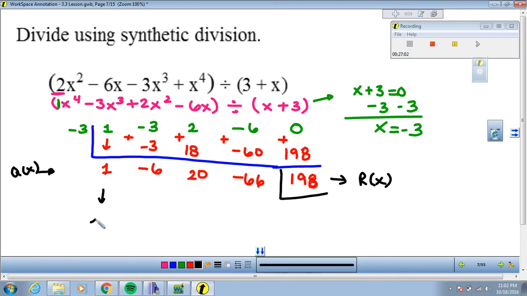So the numbers, remember, here are the coefficients in front of the x's, right? So 1 x to that, remember, start with one exponent less than the highest exponent of the original first polynomial, so start with an x to the third power. Is the 1 at the front necessary? Not really. We know that when an x has no number at the front that we can see, it's a 1.